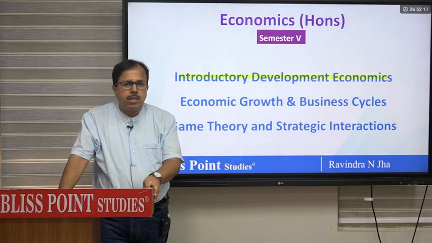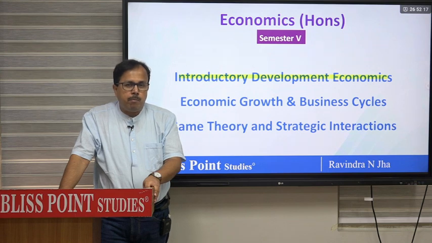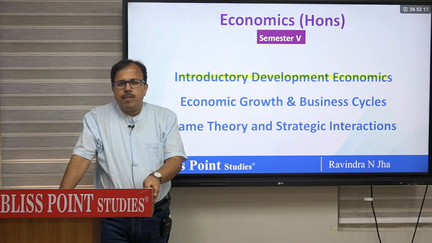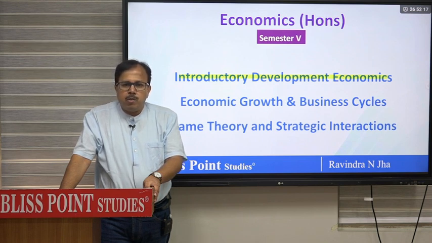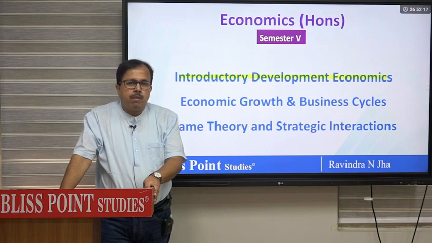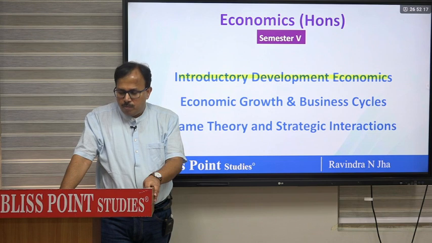The meaning of the term development, how it differs from growth, what the different dimensions of development are, how we can measure inequality, how we can measure poverty. There are various indices to be calculated, so some numerical aspect is also there, and certain important dimensions of the development aspect. So basically it is economics from the developing economies' point of view.